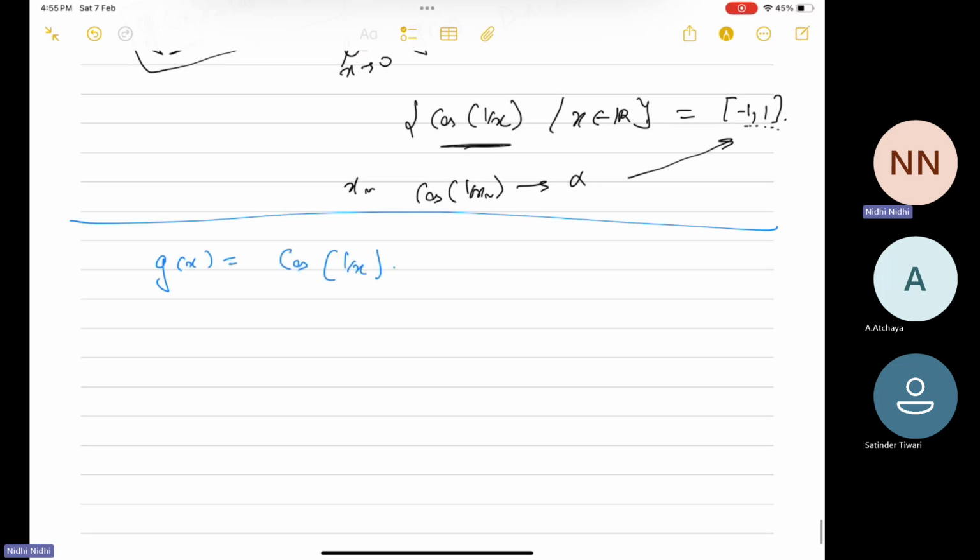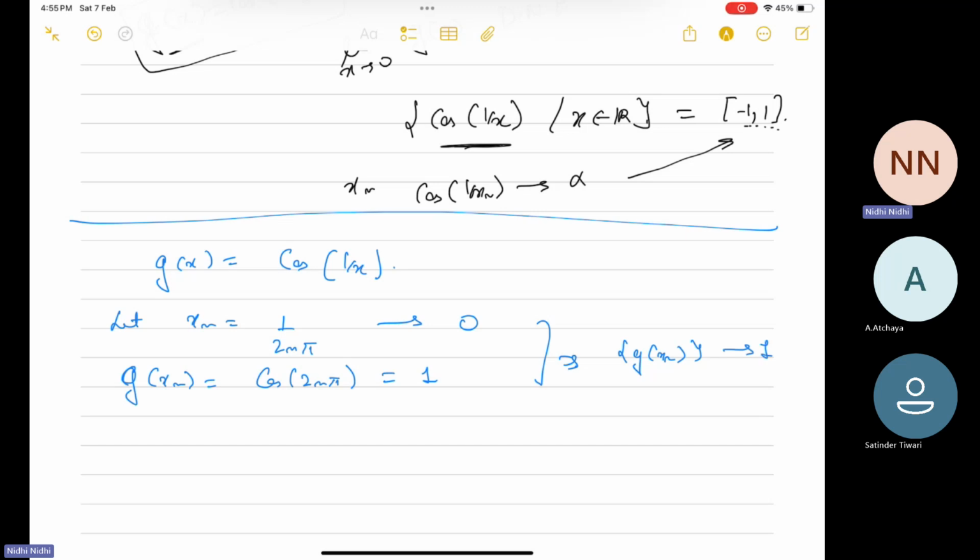Now if I take the sequence xn to be 1/(2n pi), clearly this converges to 0. So g(xn) will be cos(2n pi), which is always 1. This implies that the sequence g(xn) is a constant sequence 1, which converges to 1.